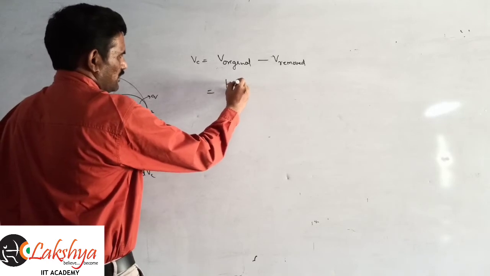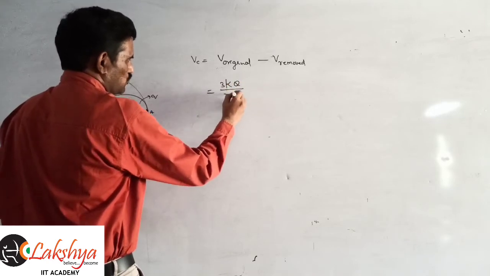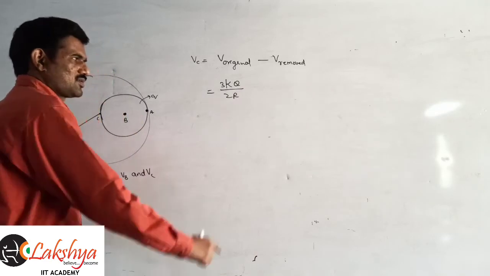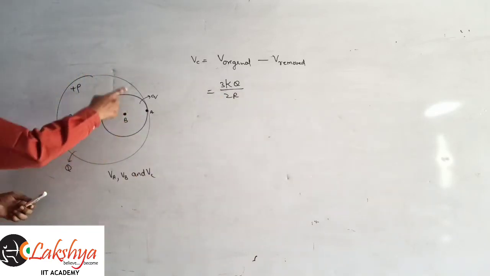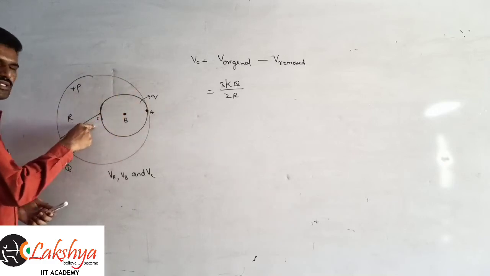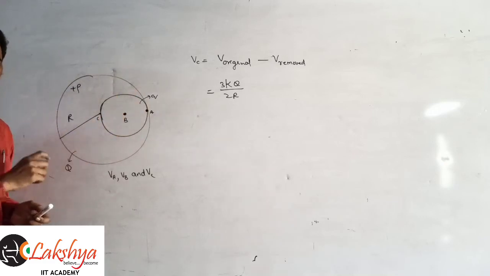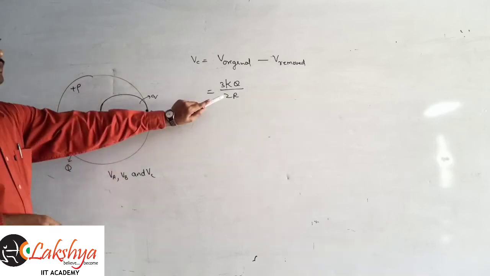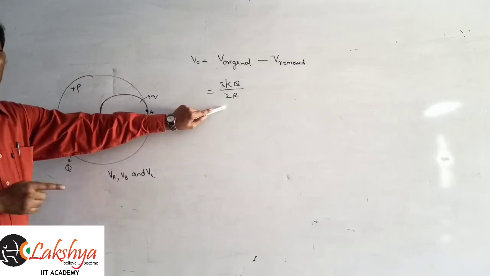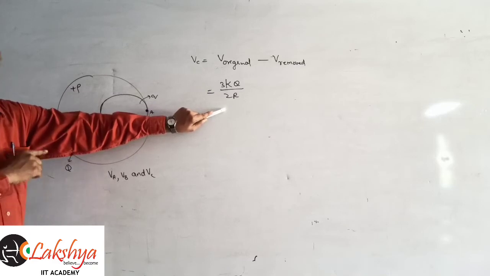So this can be written as 3kQ by 2R, minus kq by r. Why are we writing this? Because for the complete sphere, point C is the center of the complete sphere, and at the center the potential is given by this expression. We already derived an expression for the potential at any point inside the solid sphere.